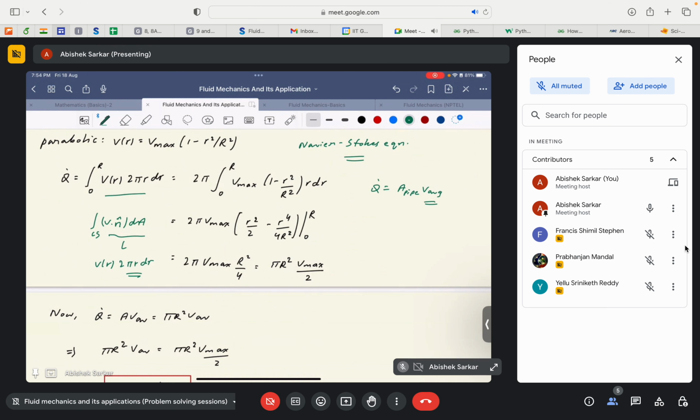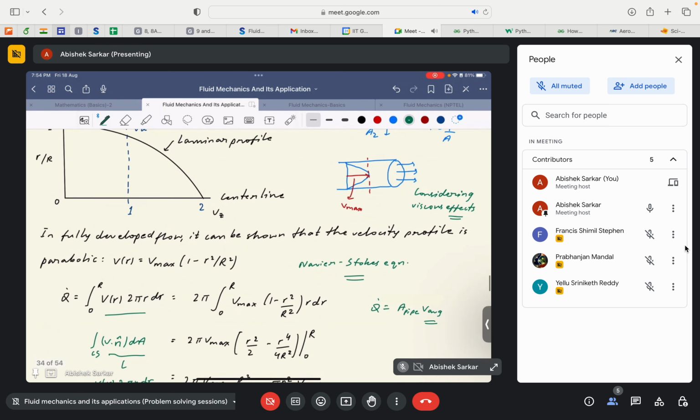But right now, just take for granted that to evaluate the volume flow rate, we know for sure that the velocity profile is parabolic here. But for now, if we just assume that instead of a parabolic velocity profile we would have considered a uniform velocity profile, like this, whose value we denote as V average, is that fine?